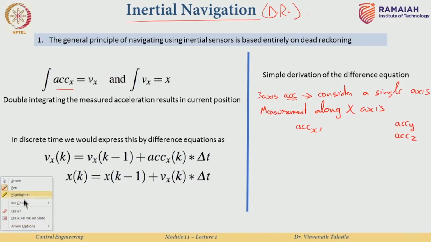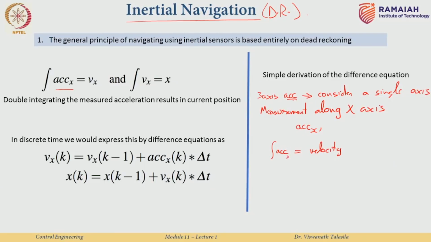All right. So, let us say that we have made a measurement along the x axis, and now we want to see how to compute position based on this. By the basic laws of physics, we know that the integral of acceleration is nothing but velocity, right. Inverse of that, the derivative of velocity is nothing but acceleration.